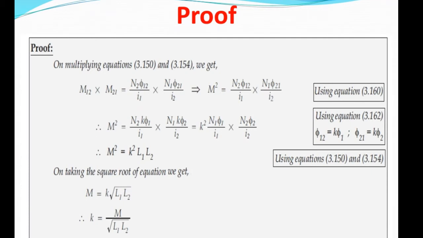When we reduce this equation, we get M square is equal to K square L1 L2, since M12 is equal to M21, which is equal to M. We further reduce this and get M is equal to K root of L1 L2, which is the mutual inductance, and K is equal to M by root of L1 L2. This K is nothing but the coefficient of coupling.